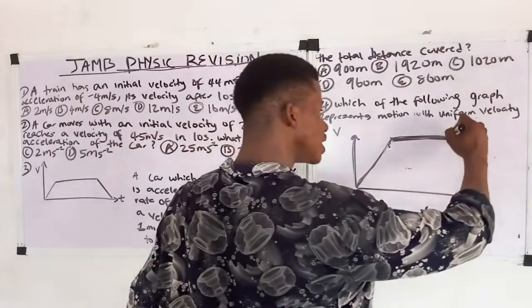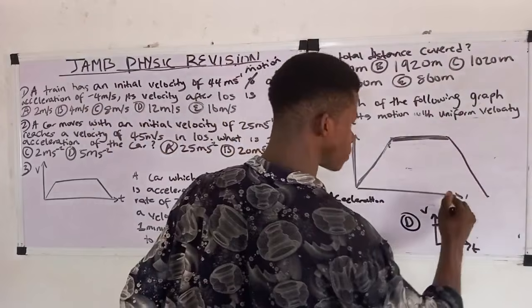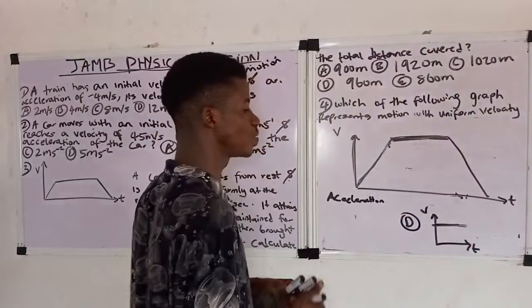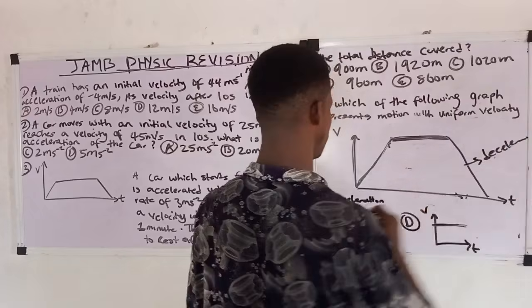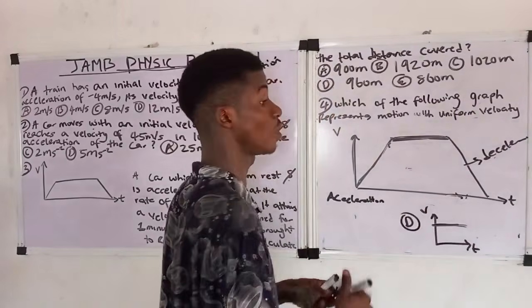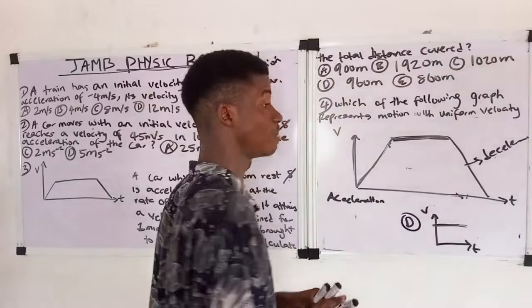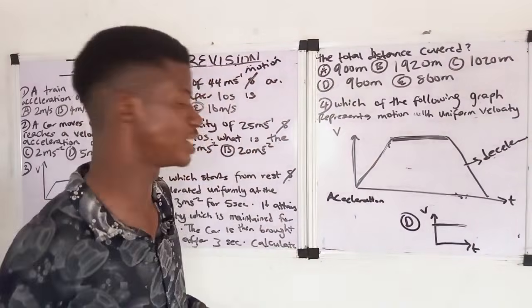Now when the line is a descending line like this, it means deceleration, or you can say negative acceleration or retardation. Remember, deceleration is also called retardation.